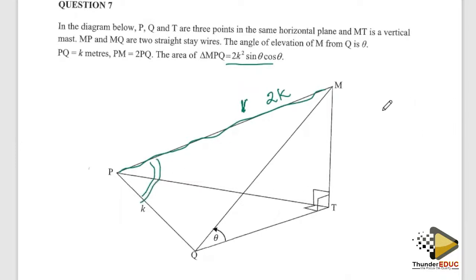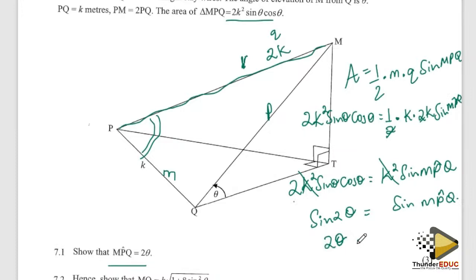So I'm going to use the area rule. I think that will be the quickest for me to do. So we know that if this, I'm going to label this as a P. I'll label this as a small m. And then I'll label this side as a small q. So my area is going to be a half, okay, times of this is going to be the same as MPQ.